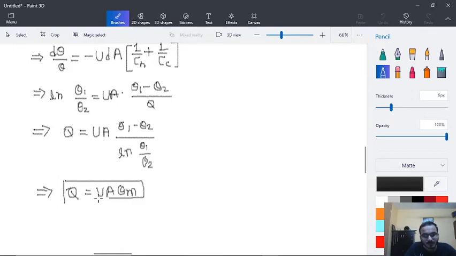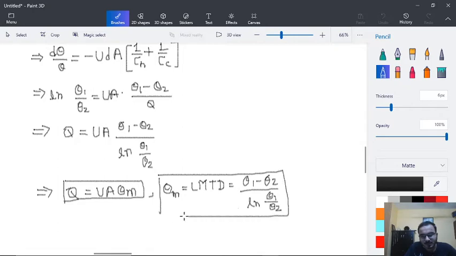This will be our final equation, where theta m is equal to LMTD, that is logarithmic mean temperature difference, given by theta 1 minus theta 2 by ln theta 1 by theta 2. So this is our LMTD for parallel flow heat exchanger.